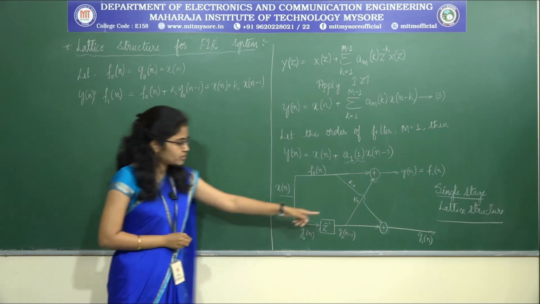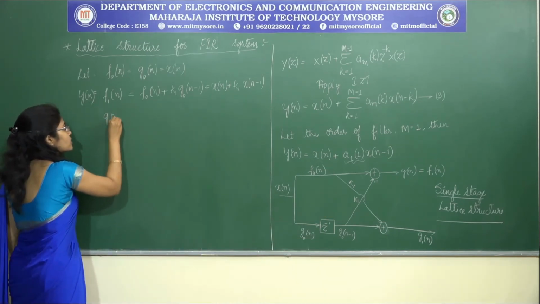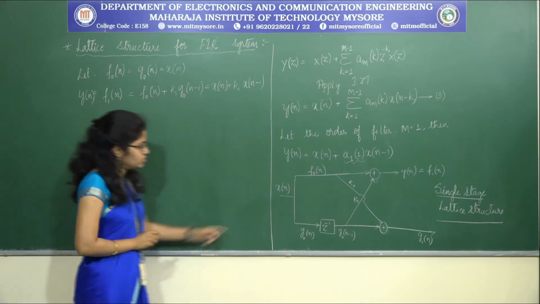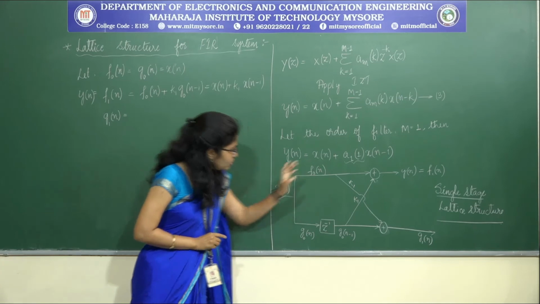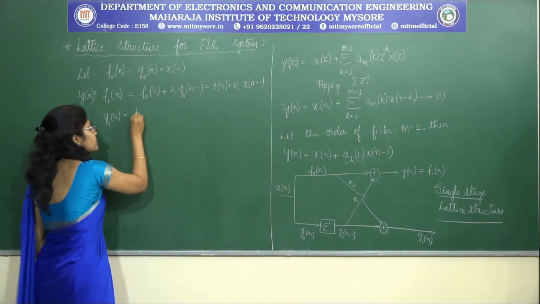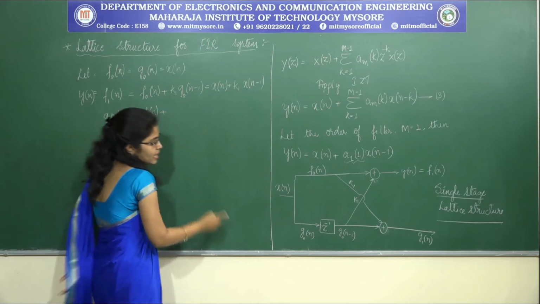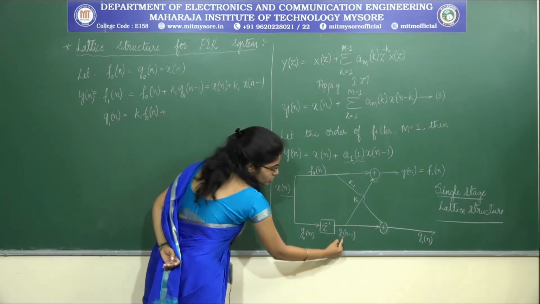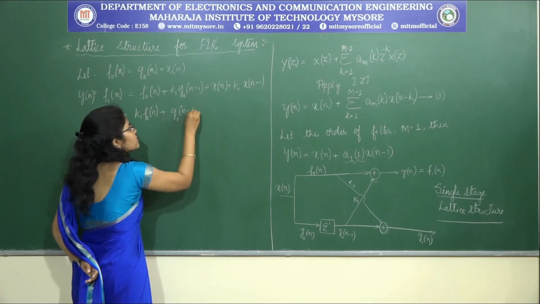Done. Now, let me check the expression for g1 of n. So, what is g1 of n equal to? We have from this branch k1 into f naught of n, plus the second branch giving g naught of n minus 1.